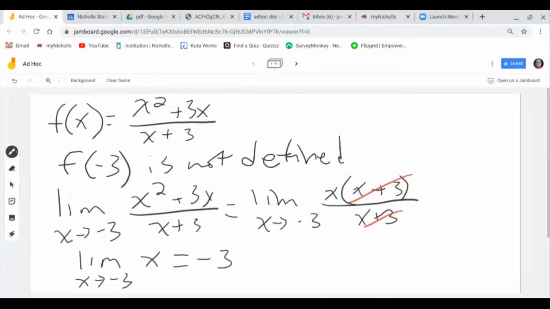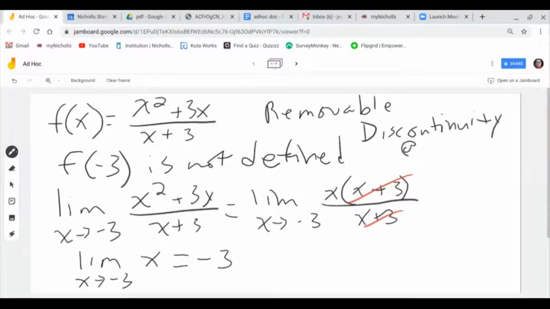And so since the limit is defined, it's approaching the same value from both sides, but the function is not defined at that value. That means that it is a removable discontinuity at x equals -3.